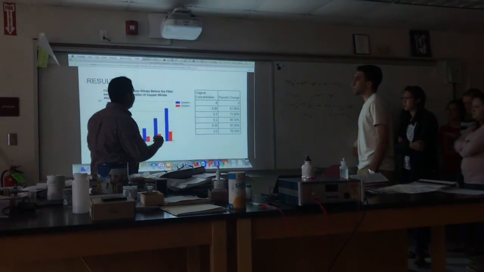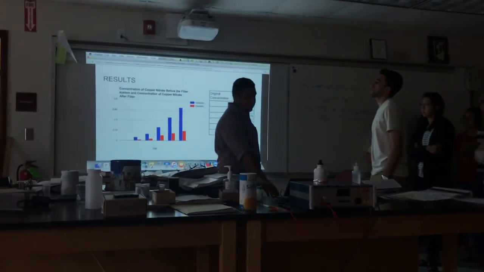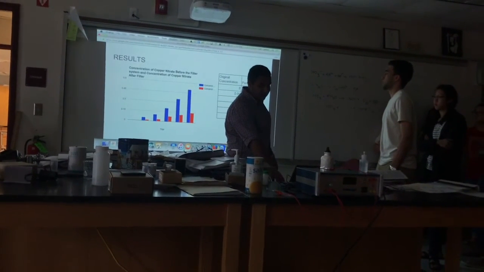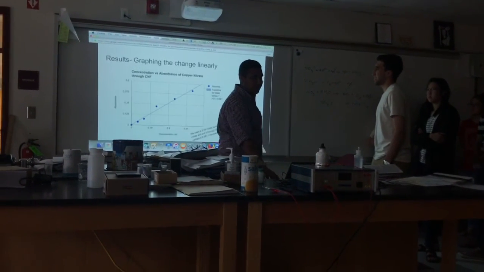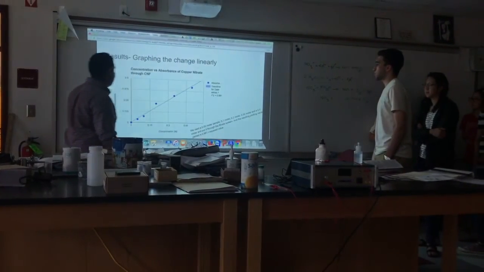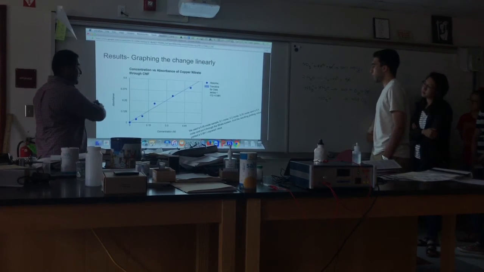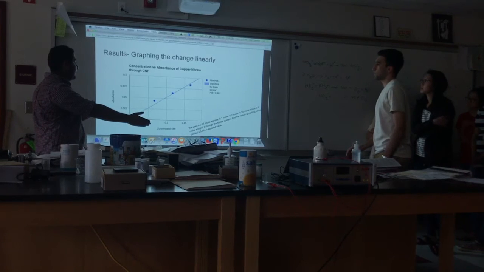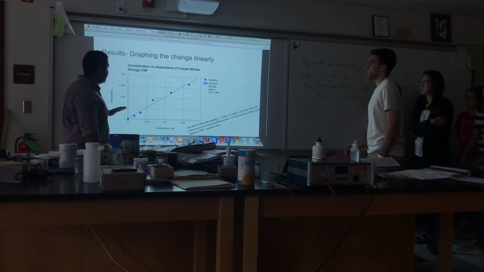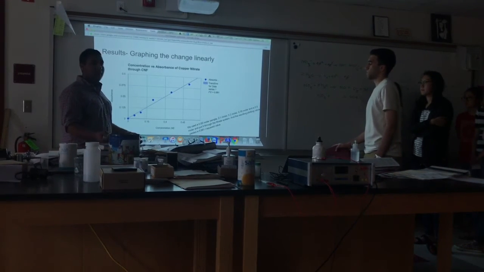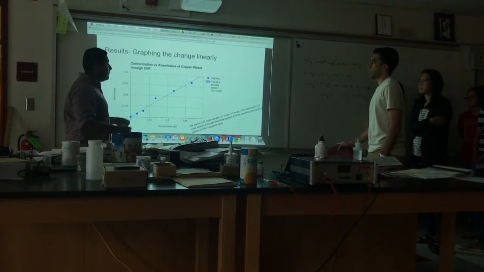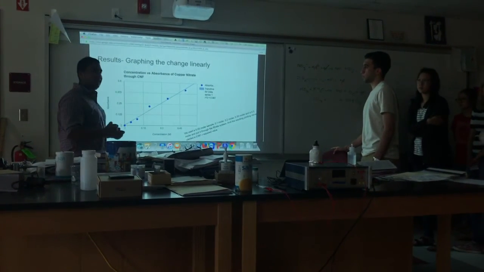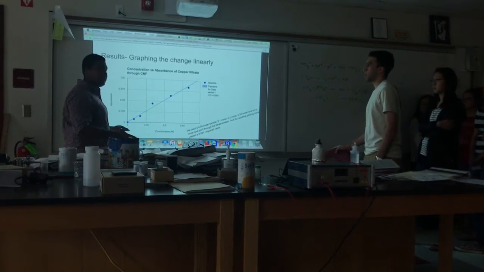And when we graphed the change you got from the filter, we got this graph, which basically means that within the range of concentration that we tested, it was basically constant. We had an R-squared value of 0.98, which meant that the amount it decreased our concentration was relatively constant.